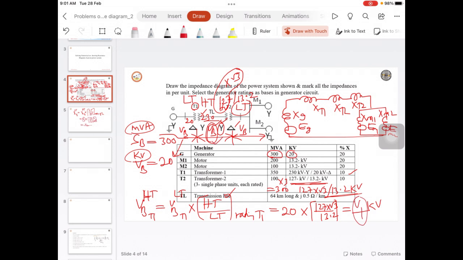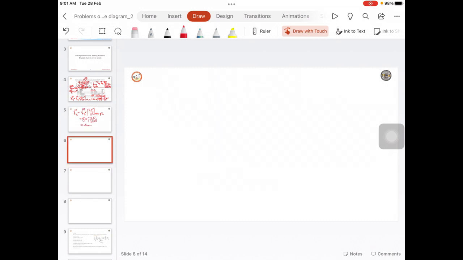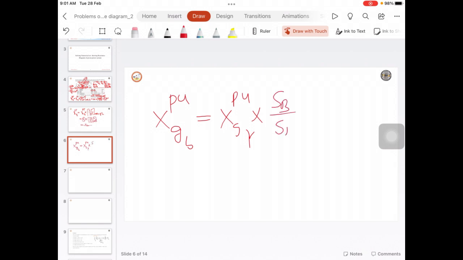After calculating the base voltages, one can find the reactance values. For example, if I want to find the generator reactance in per unit, Xg per unit on the base value is the rated value into SB by SR into VR by VB whole square.